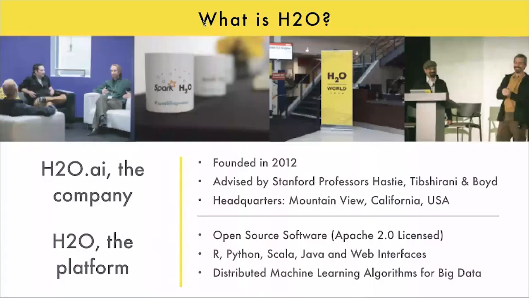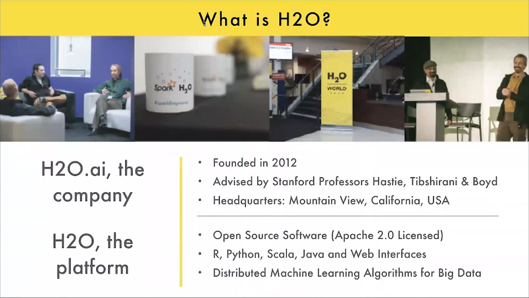All right, so if you're new to H2O, H2O is an open source machine learning platform. And H2O is also the company that produces this platform. We also have other products at this point, but H2O is the flagship or original platform that we produce. The company was founded in 2012, so it's been around for a while.